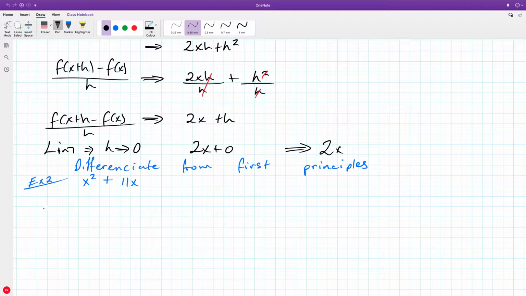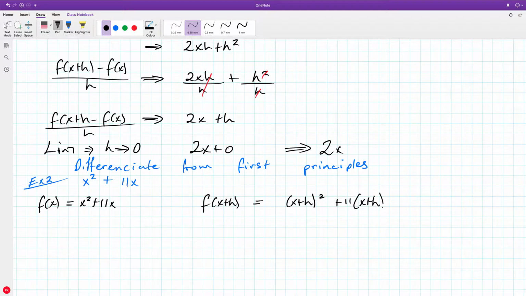Right, we have a quick little look at it. So, function of x is equal to x squared plus 11x. The function of x plus h is equal to x plus h all squared plus 11 times x plus h. So that's x squared plus 2xh plus h squared plus 11x plus 11h.